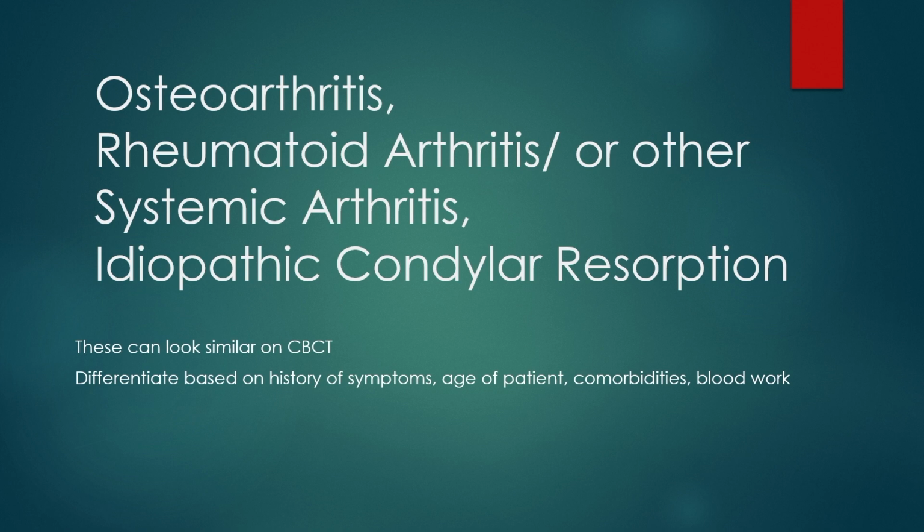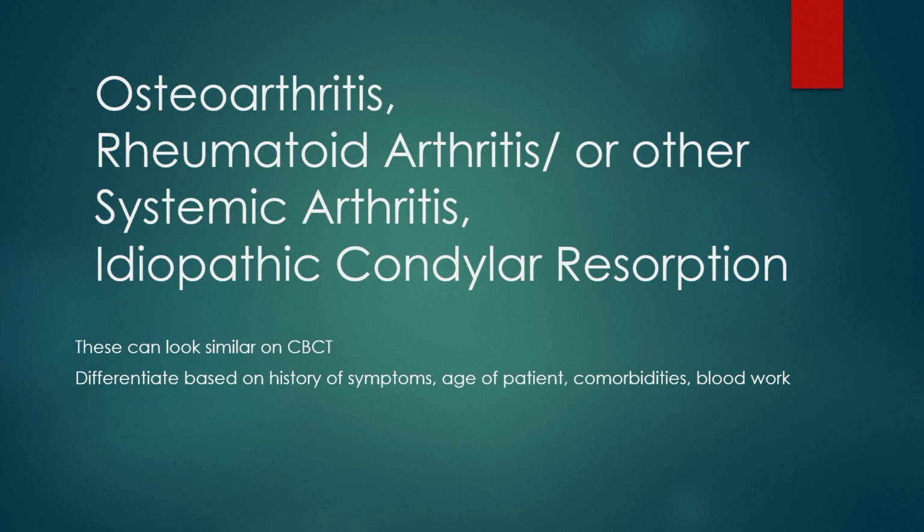The difference is, with idiopathic condylar resorption, we don't know why it happened. There's not a systemic link. We don't know of a trauma, so it's not a response to trauma that we're aware of. It's just for some reason that condyle is deteriorating and we don't know why.